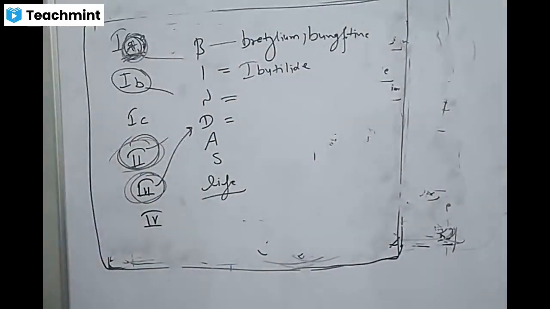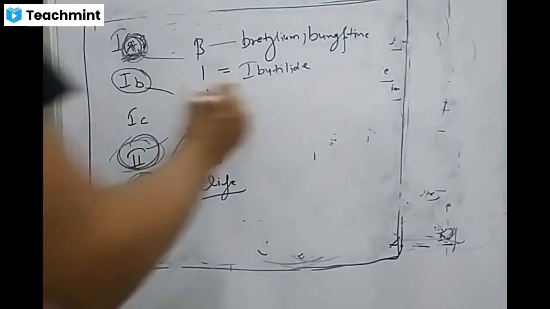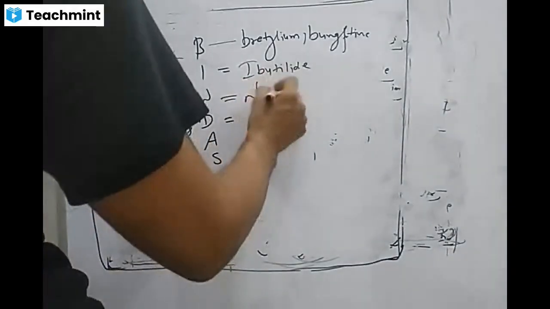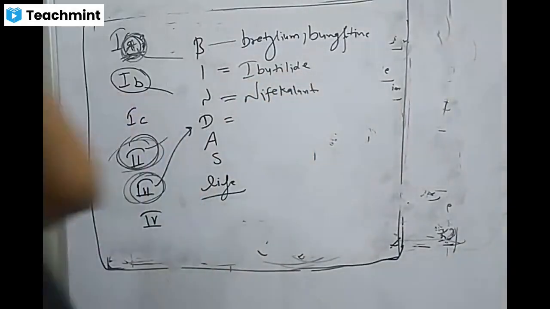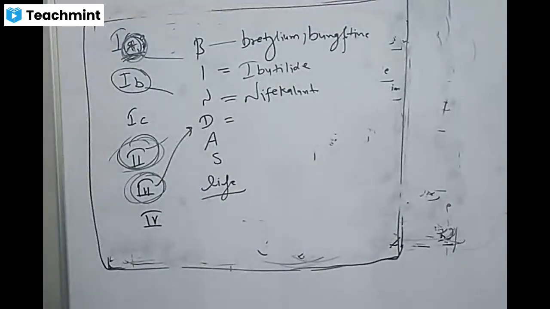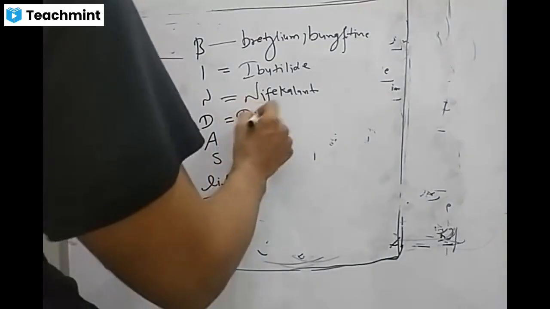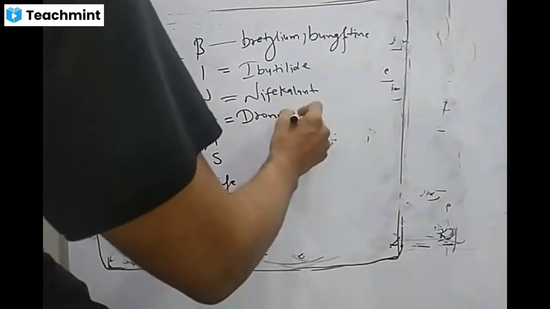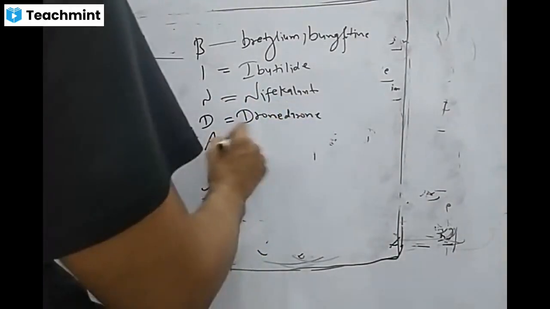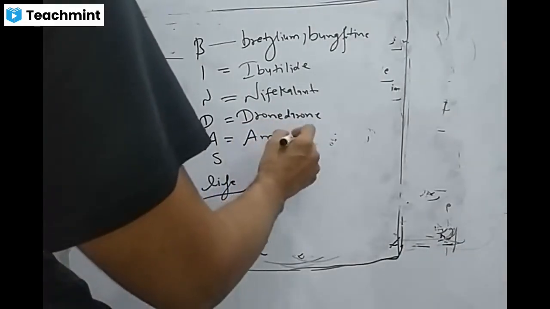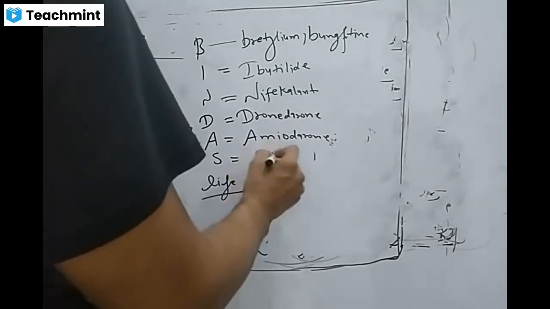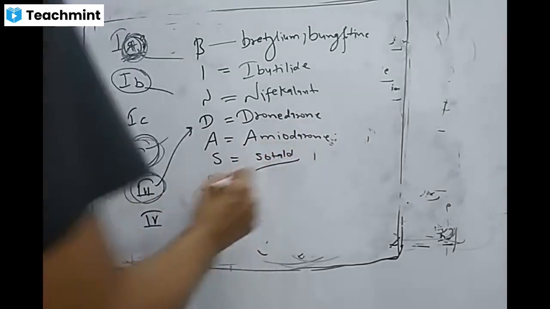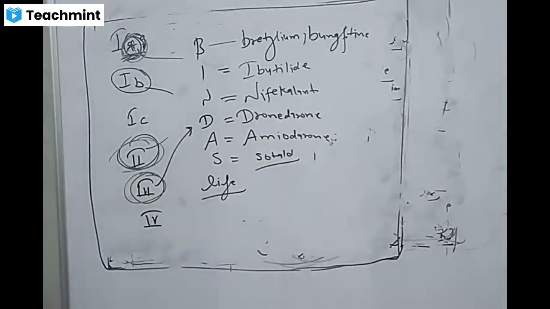Then the drug for N is Nifekalant. And the drug for D is Dronedarone. And A is Amiodarone. And S is Sotalol.